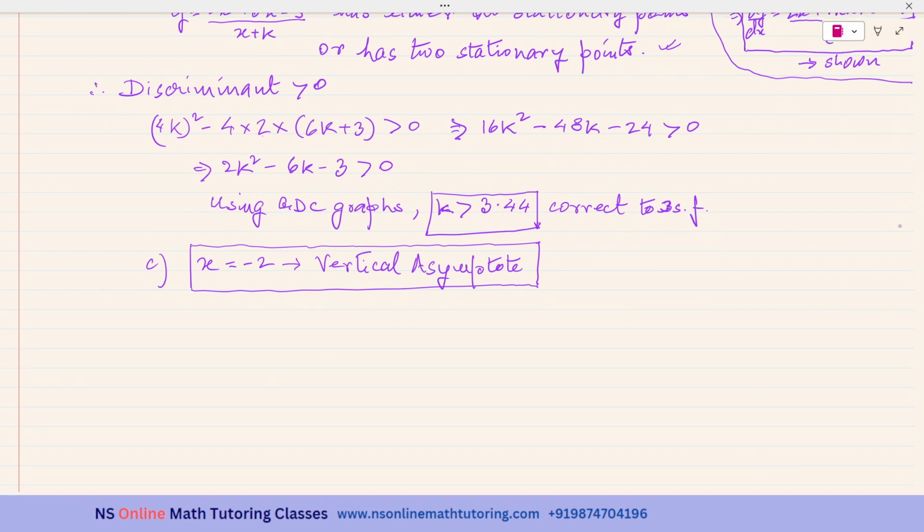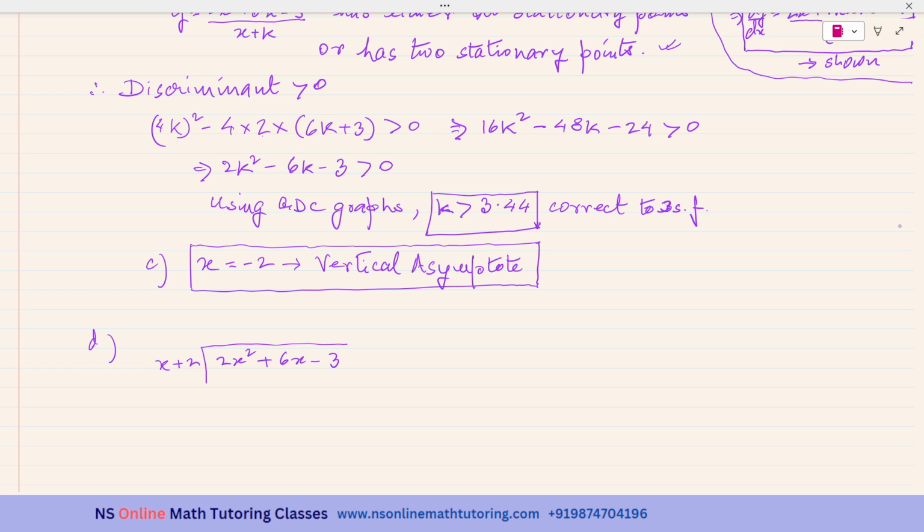So 2x square plus 6x minus 3 divided by x plus 2. For students who are not very familiar with this, you can of course use the synthetic division method also.